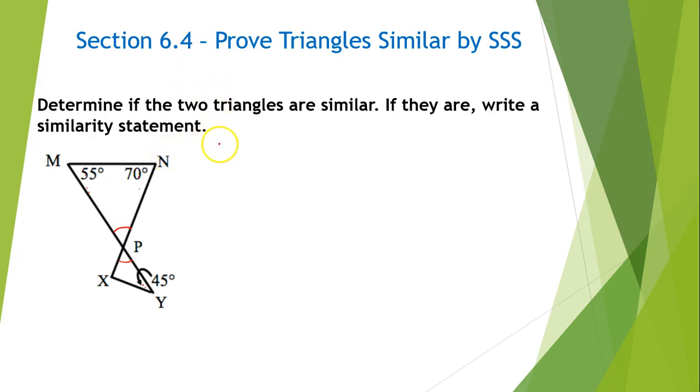You don't necessarily have to do this, but I'm going to go ahead and state that triangle MNP is not similar, that symbol there, to XYP. And put my little triangle symbol there. And I'm done. Okay, now let's move on to our new postulate or theorem here.